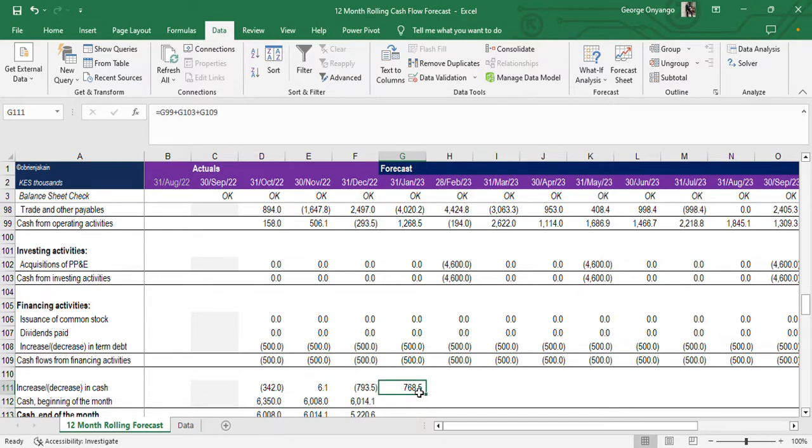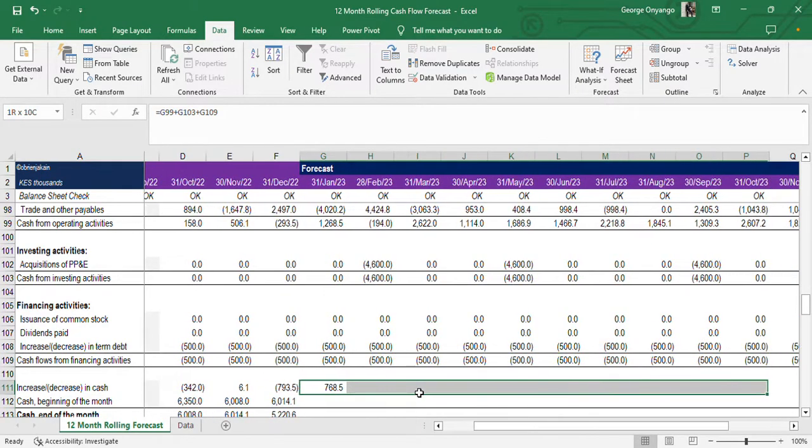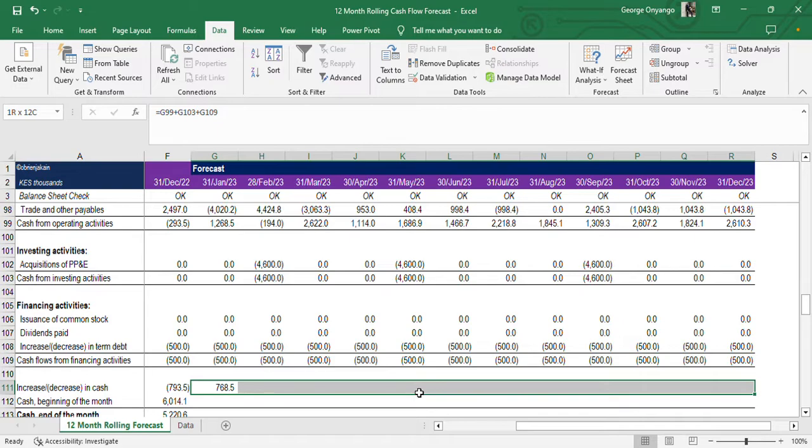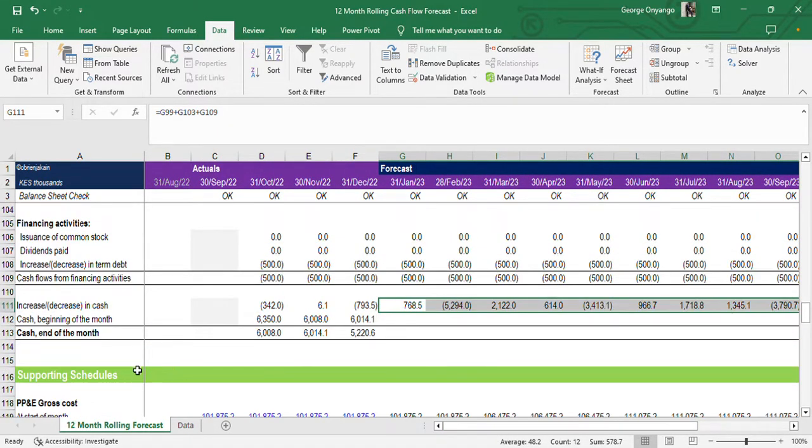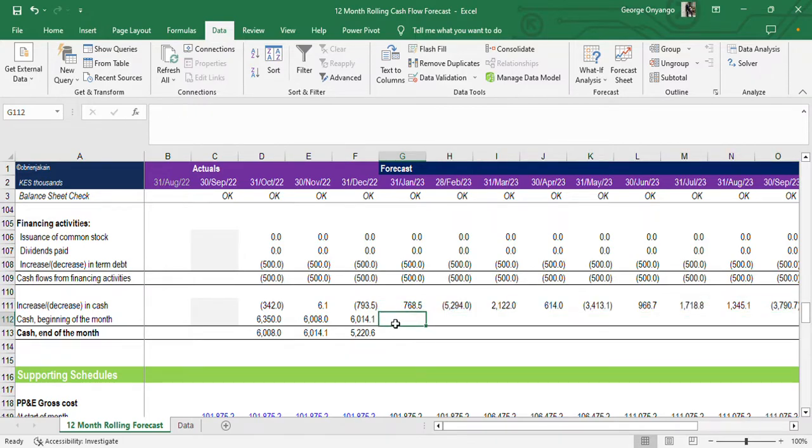So we simply fill that right, and we get that. Then we get the cash at the beginning of the month. Cash at the beginning of the month is the cash at the end of the previous month. This one is equal to that. To get cash at the end of the month, simply add that.